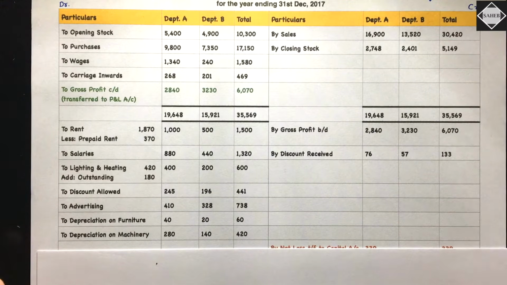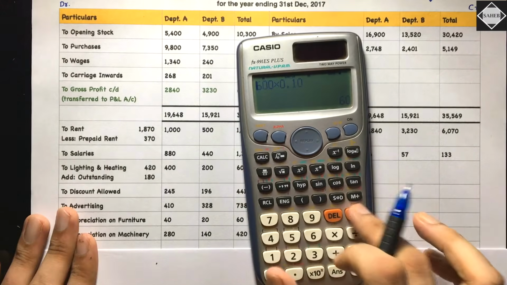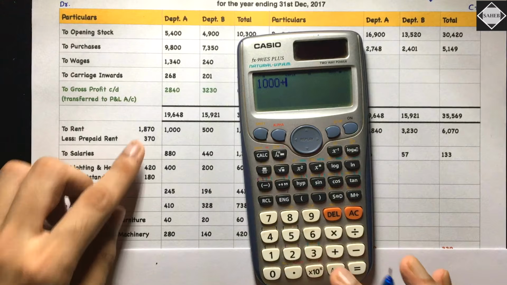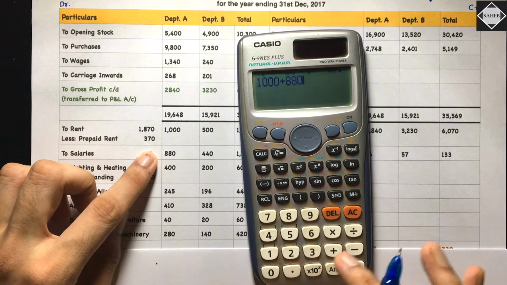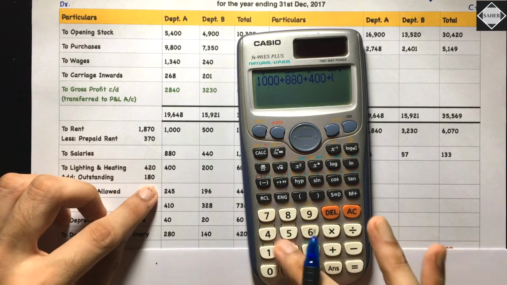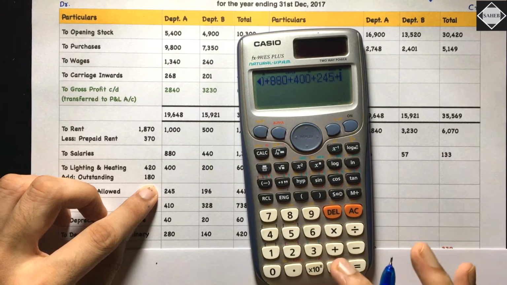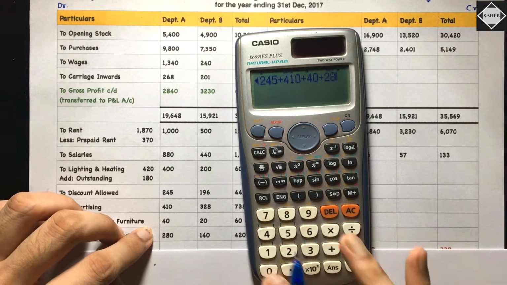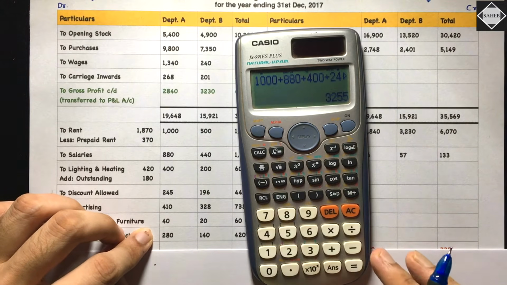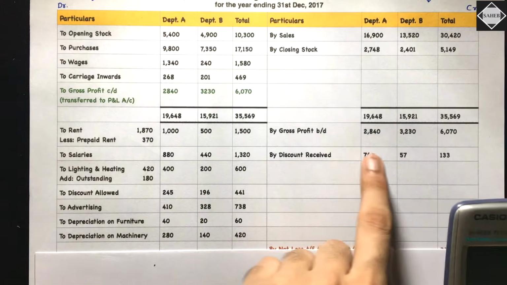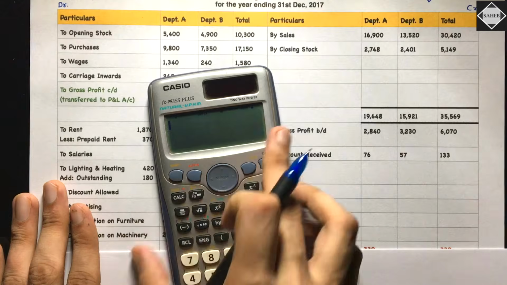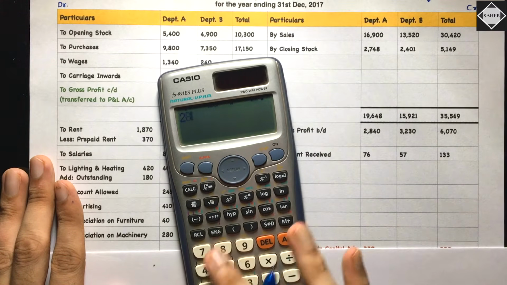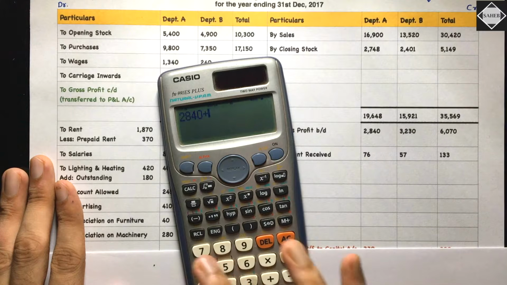In this question, let's just add department A first. Debit side we are adding: 1000 plus 880 plus 400 plus 245, plus 410 plus 40 plus 280, that is equal to 3255, right? And here on the credit side for department A we have 2840 plus 76.